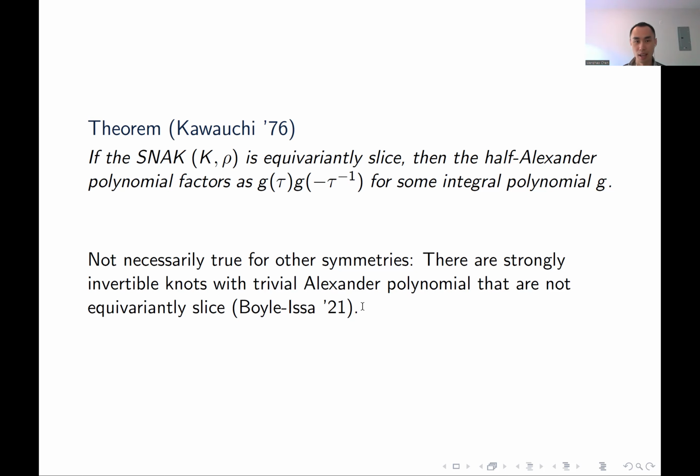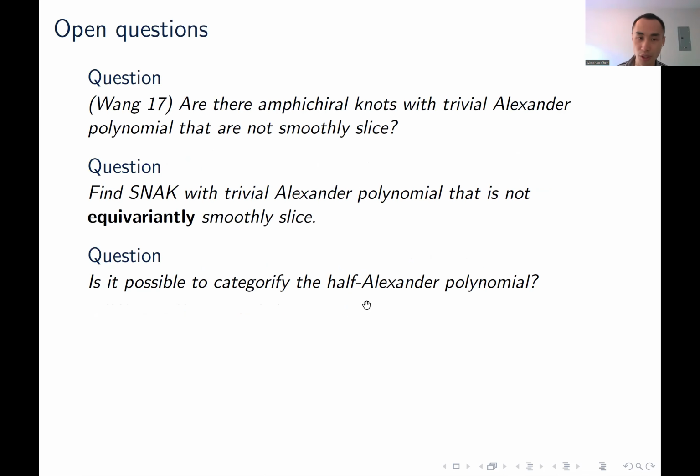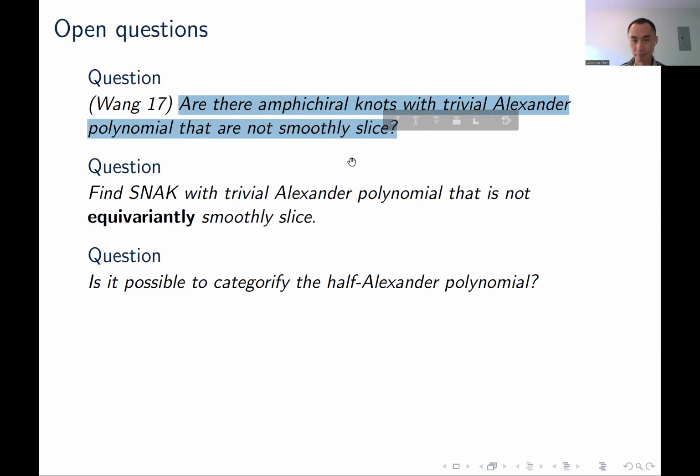Okay, that brings me to almost the end of the talk. I would like to take the opportunity to share with you some open questions that might be interesting. There are many of these. For example, can you find amphichiral knots with trivial Alexander polynomial that are not smoothly slice?